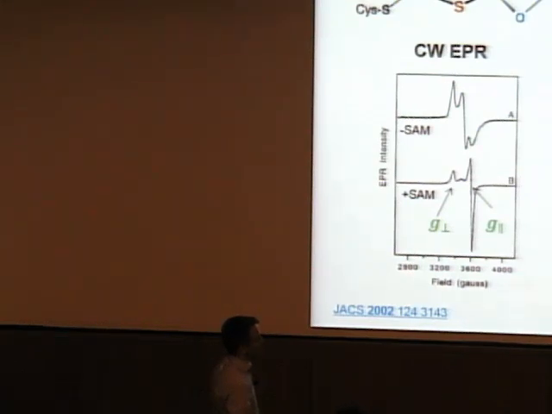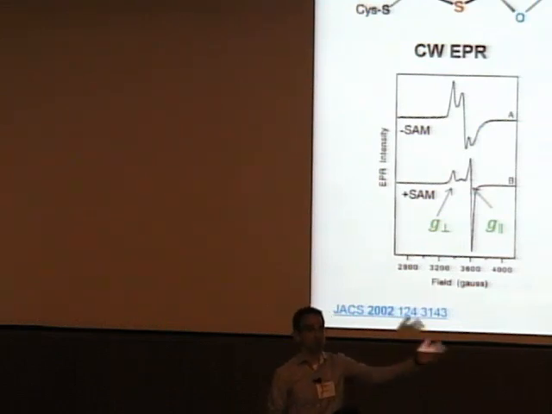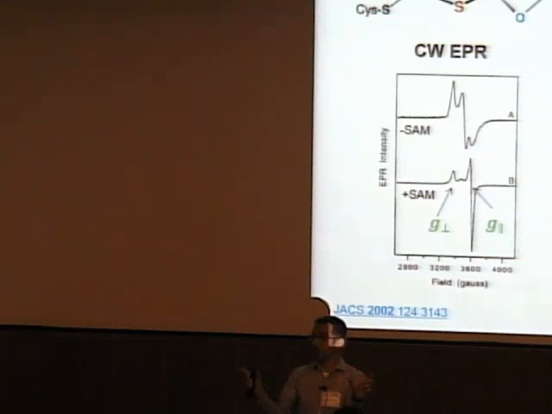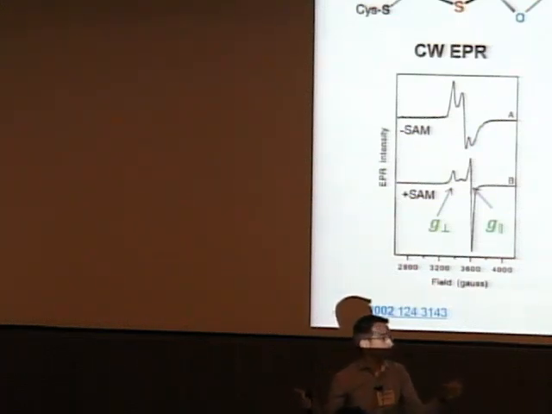Now that's indicated by red. That is the Fermi contact splitting, Fermi contact interaction. It tells us how much spin density is on that carbon. And it's actually substantial. It's noticeable at least, right? We can resolve it. And then these peaks have a width. That width is due to the anisotropy of the hyperfine coupling, and that tells us about the through space coupling. Remember, hyperfine coupling, you have through bond and through space.